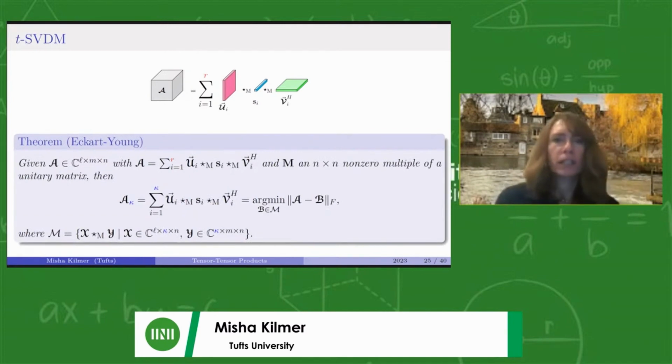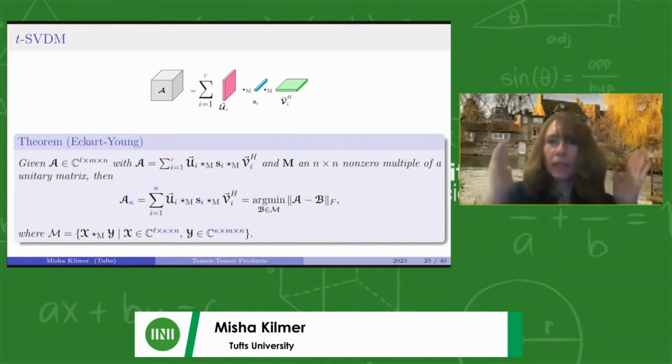But here's now our Eckart-Young theorem, which says if I take my tensor SVD under star M and truncate it to kappa terms, then it gives me an optimal approximation in the Frobenius norm over the set of all approximations that I could get, which are essentially this outer product of tensors under the star M factorization.